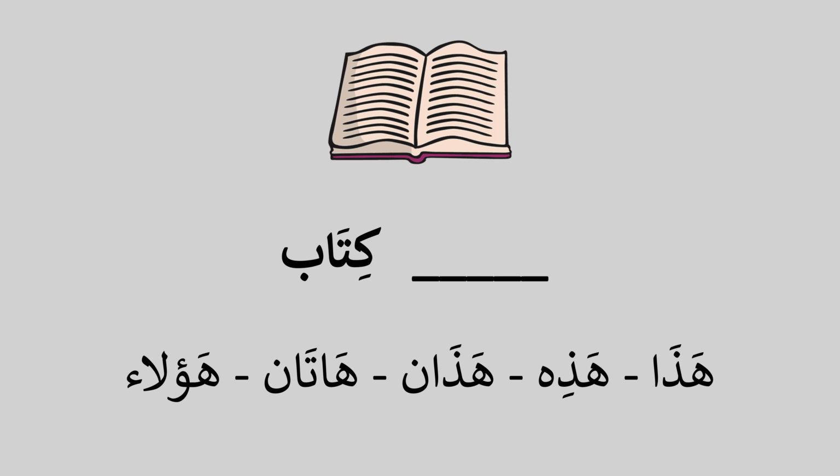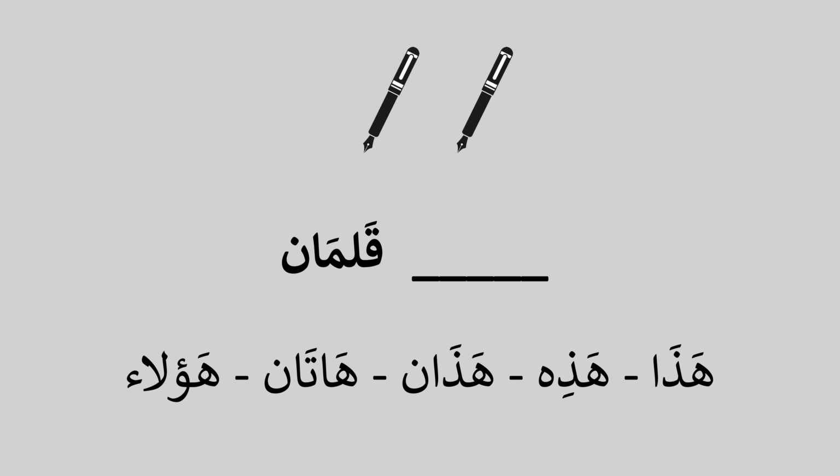Yes, it will be هذا. هذا kitab. This is a book. Because هذا, this pointy noun, is used for singular masculine. Here we see 2 bins. Obviously, it's a dual, and at the same time, it is a masculine.